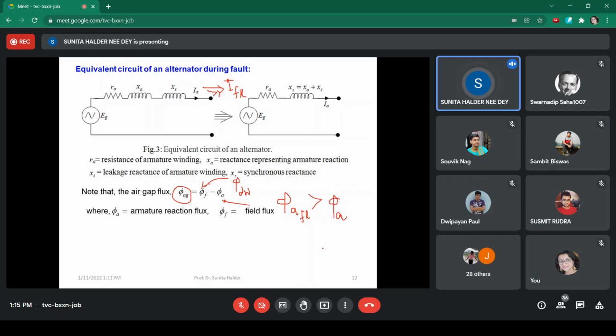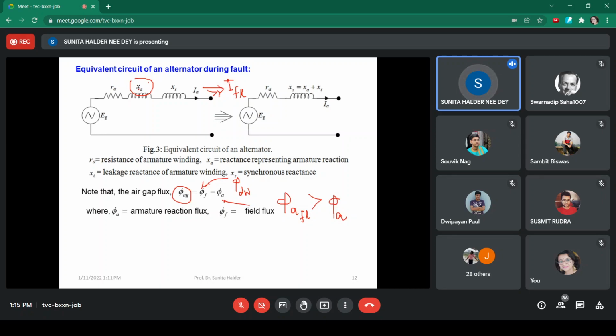So actually what is happening? This field winding or damper winding is trying to reduce the armature reaction during the fault. So it is trying to reduce the effective reactance which represents the armature reaction. What is XA? XA represents the armature reaction in the equivalent circuit.